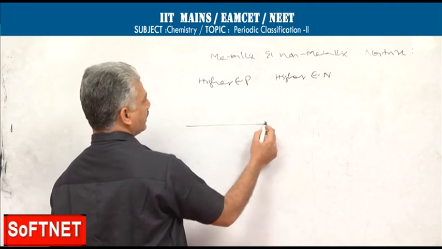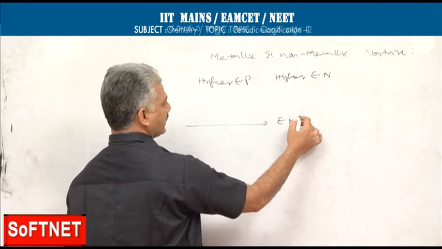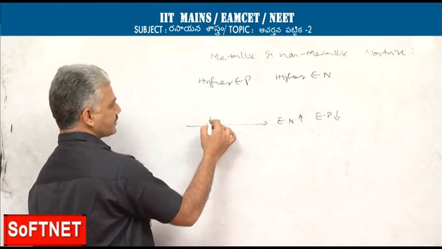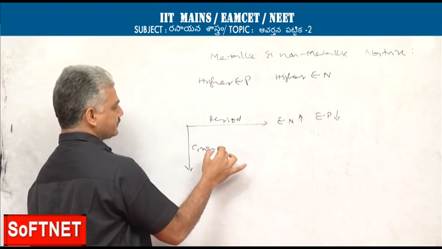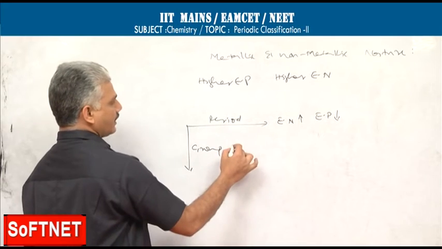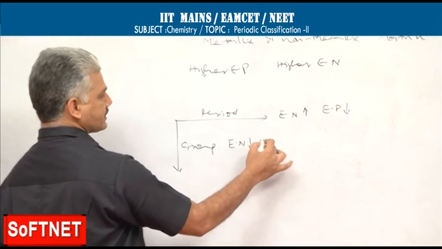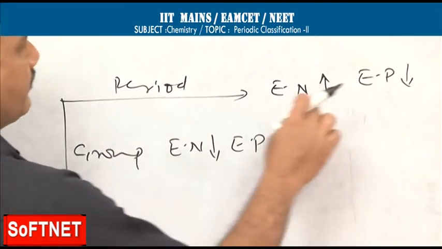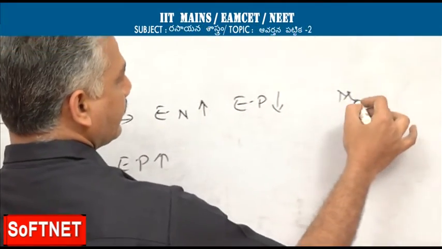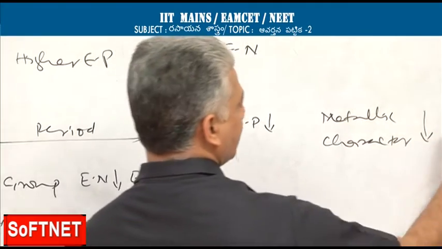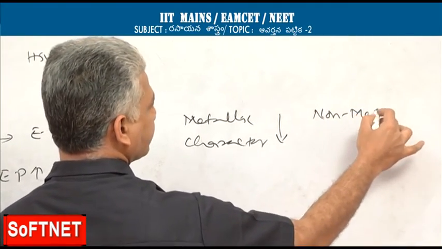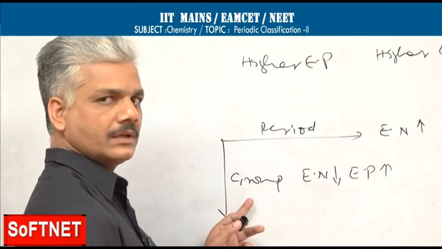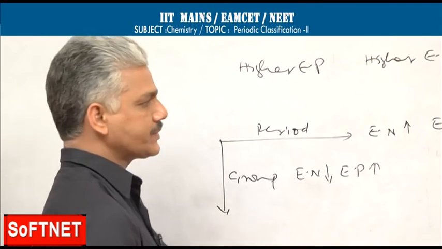Along a period, electronegativity value increases, electropositivity value decreases, whereas down the group, electronegativity decreases and electropositivity increases. Hence, along a period, metallic character decreases and non-metallic character increases. Quite the opposite phenomenon takes place in case of groups.